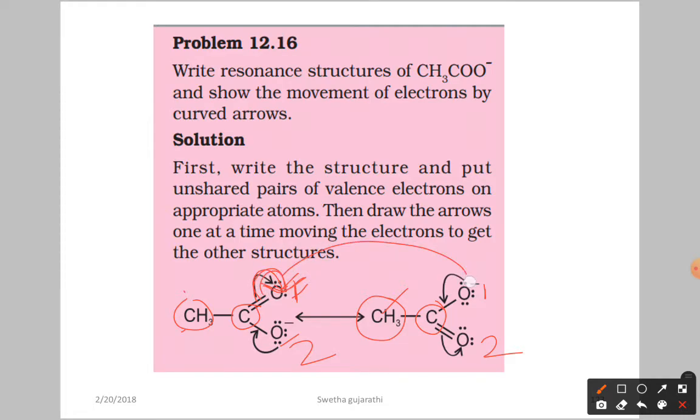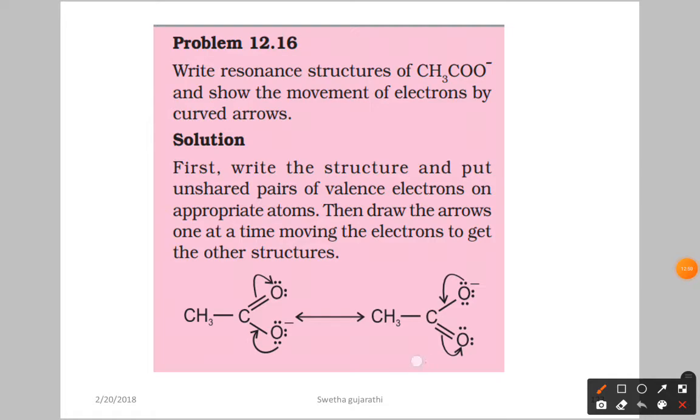Now you can see on this atom we have one pair of electrons. The second case is that the lone pair of electrons is shifted to the adjacent bond. As you know very well, when a lone pair of electrons comes here, it is converted into a bond. So now this is converted into a bond. What I did here, I didn't shift any nuclei or any atom, I just shifted the lone pair of electrons and the pi bond.